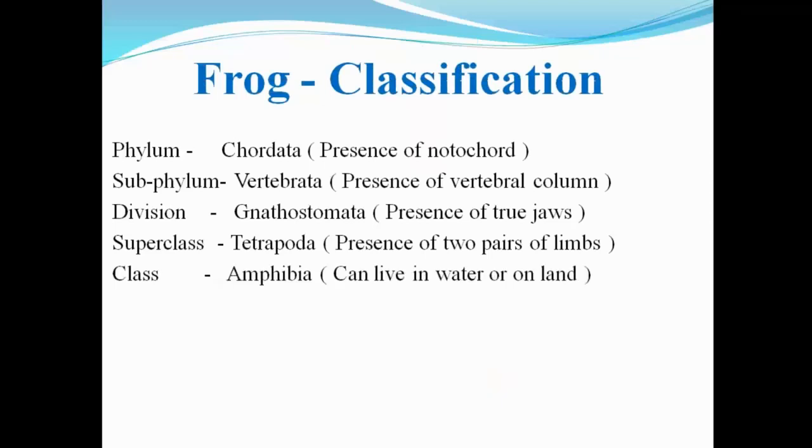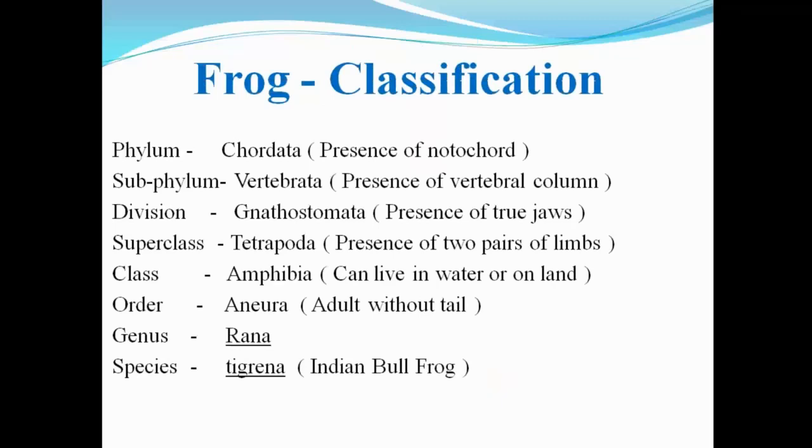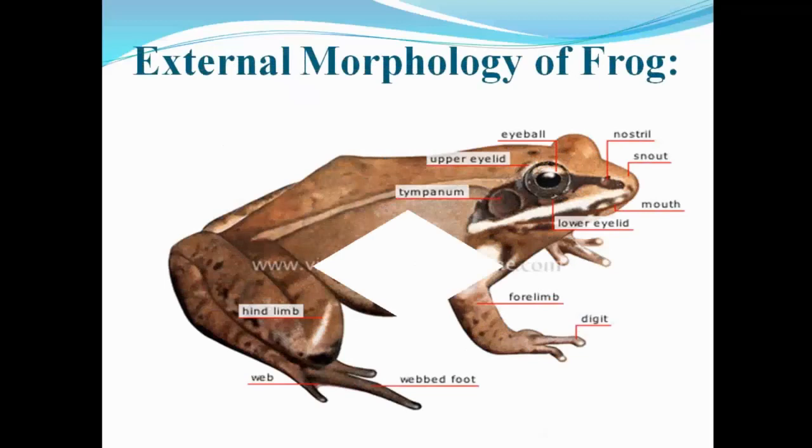It belongs to the class Amphibia, as it can live in water as well as on land. It comes under the order Anura, as its adult remains without tail. The genus is Rana and the species tigrina, as it shows colored patches like the stripes of a tiger, hence the name tigrina, and it is commonly called the Indian bullfrog.